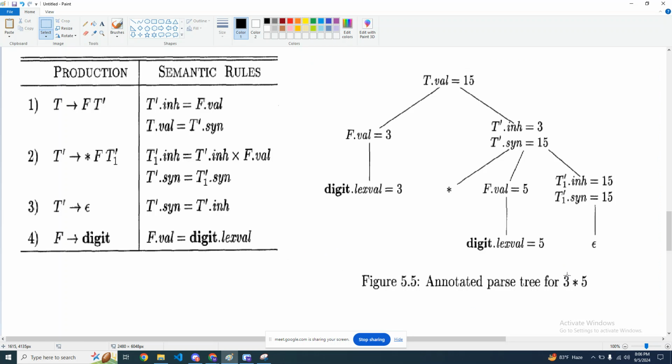So you might be asked to draw an annotated parse tree for the string 3 multiplied by 5, right?